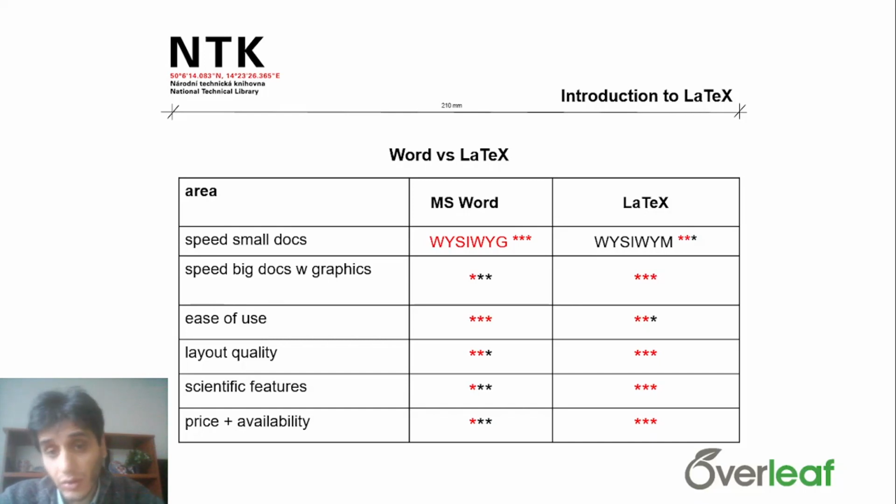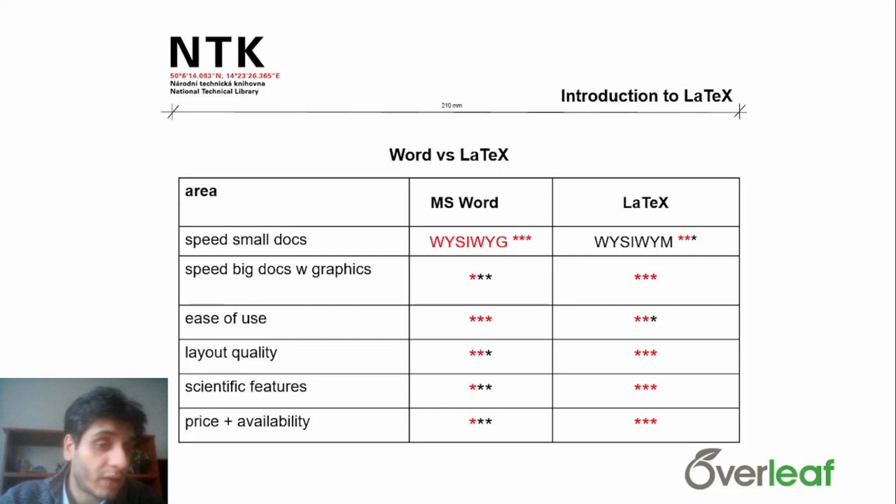Word depends on what you see is what you get. So what you are writing, you will see directly, you will see the result directly. While LaTeX does not work that way, so LaTeX is somewhat slower than Word regarding small documents.